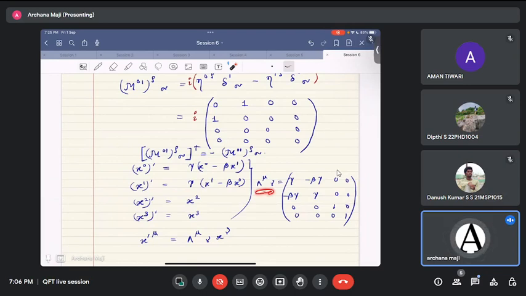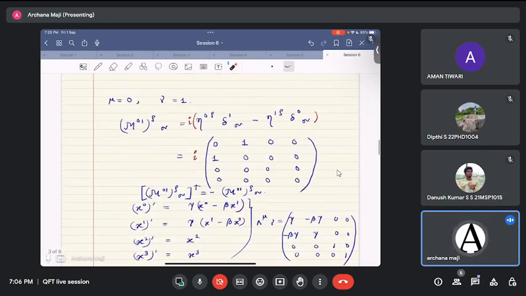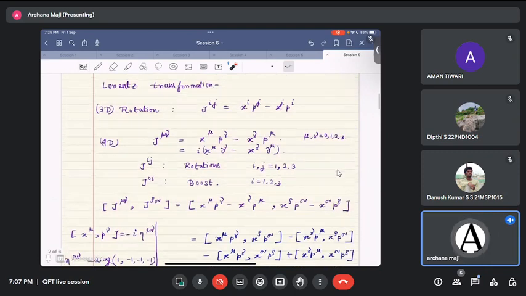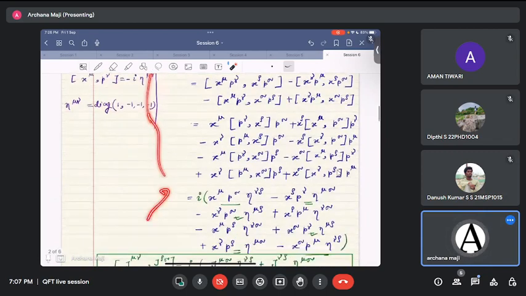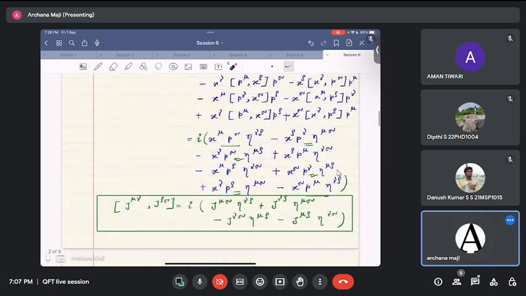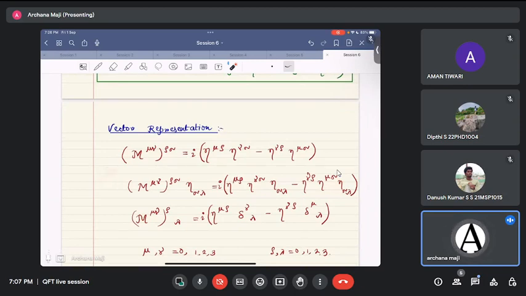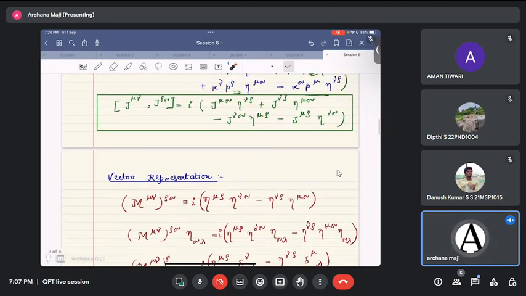And so lambda is a matrix, and we are trying to write down the matrix form of the generator. Now we know that Lorentz transformations are rotations and boosts, and the generators are nothing but these operators. And we also know what is the Lie algebra satisfied by those operators. Okay, this is the Lie algebra. And since we cannot write down the matrix representation for that operator, we are coming up with a vector representation of the Lorentz transformation, and the Spinor representation, which also satisfy the same Lie algebra.